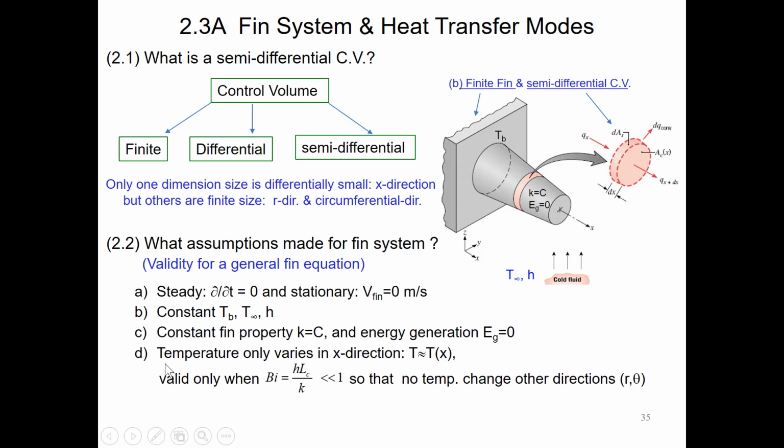D. Fin temperature only changes in x direction, the fin length direction, but this is valid only when the Biot number is much less than 1. It indicates that the internal thermal resistance in other directions than x, like r or theta direction, is so small that there is no temperature change in those directions.